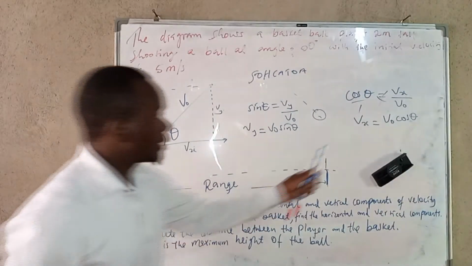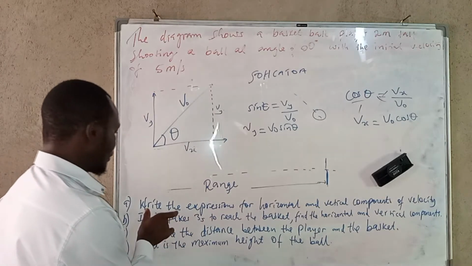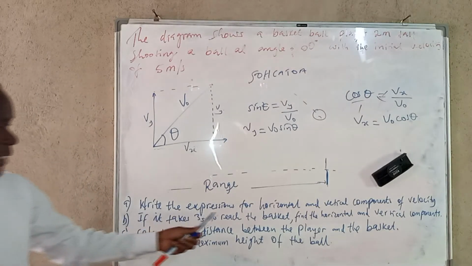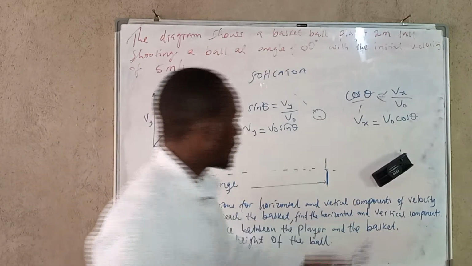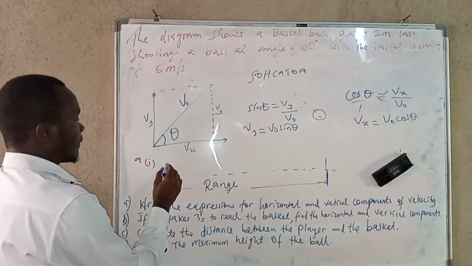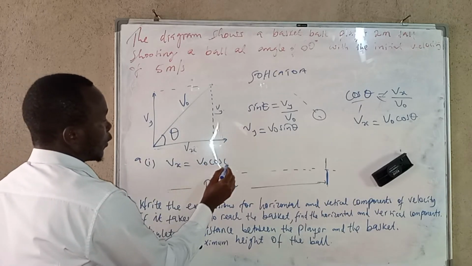So this is how we resolve. From this, we have answered the first part, which is write down the expressions for horizontal and vertical components. So for the horizontal one, Vx is equal to Vo cos theta.